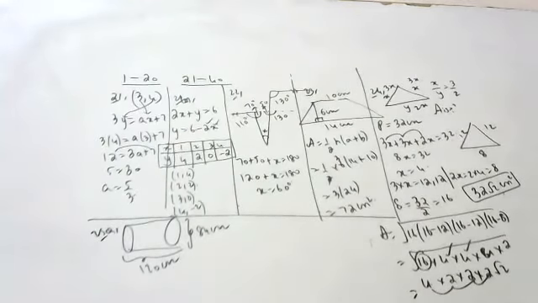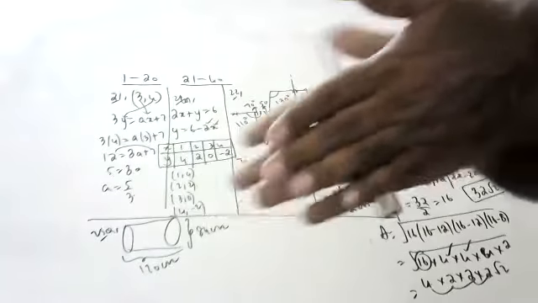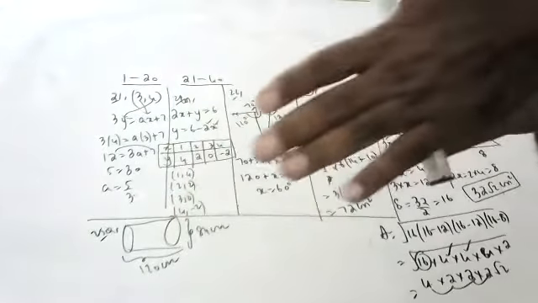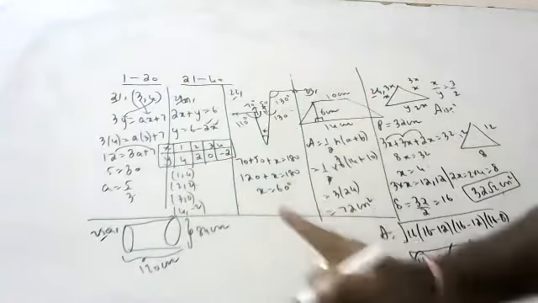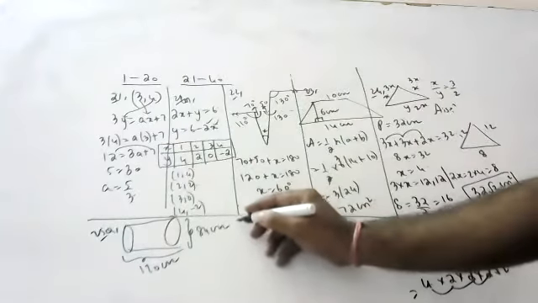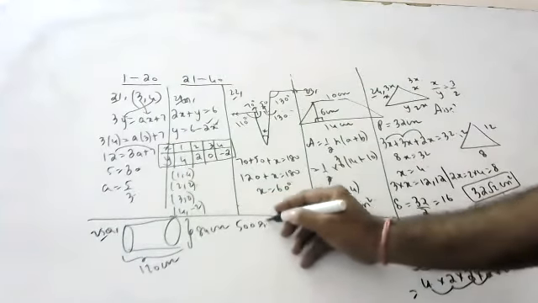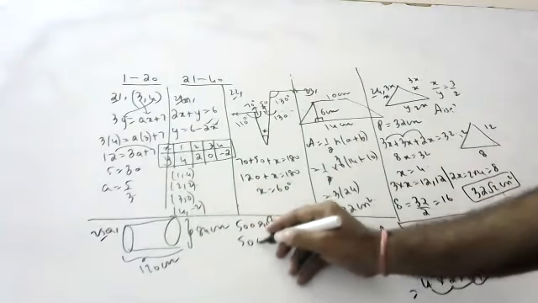In 500 revolutions, how much area will it cover? In one rotation, it will cover how much, children? CSA. In one rotation, 1 CSA. 500 rotations, 500 CSA.